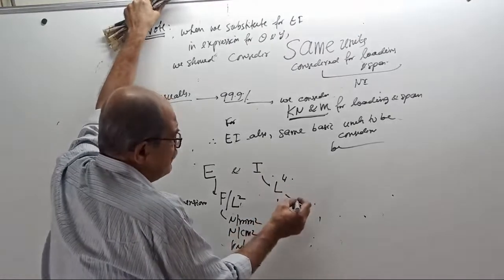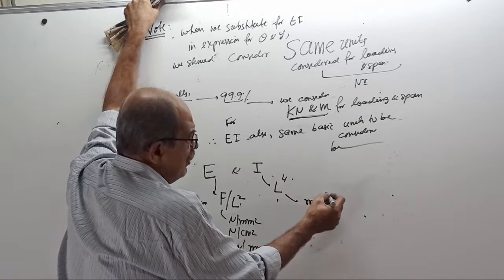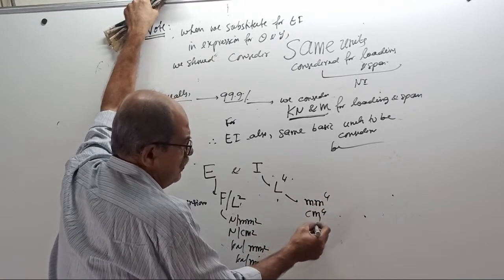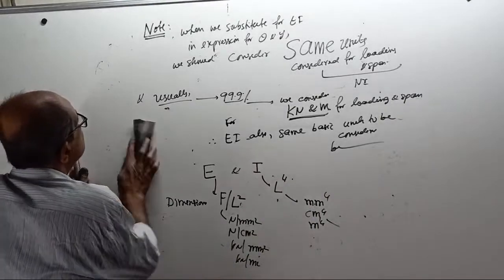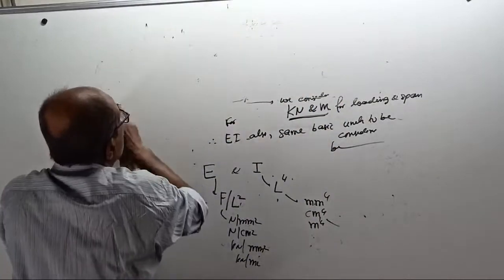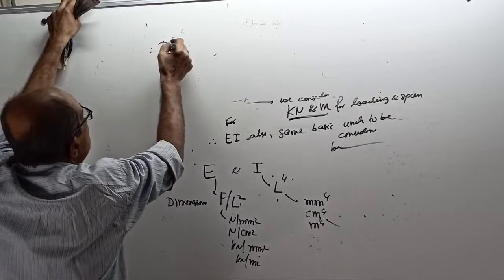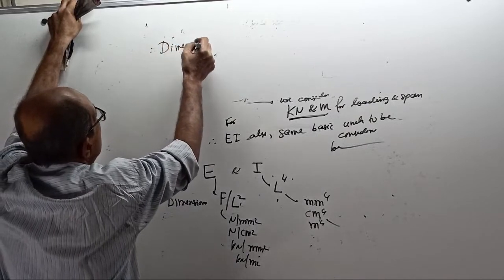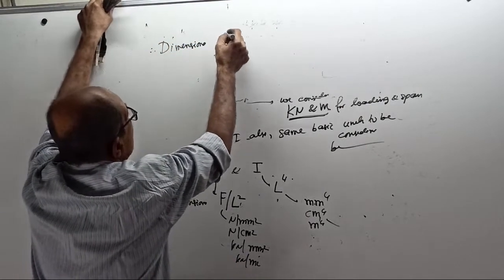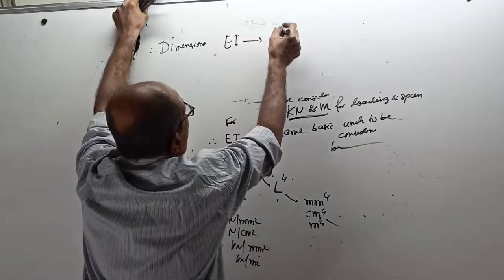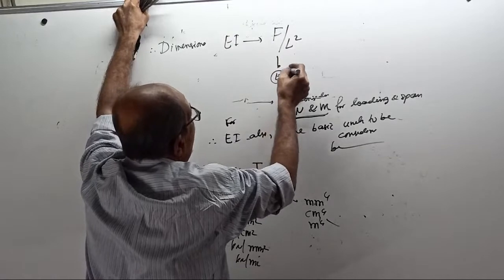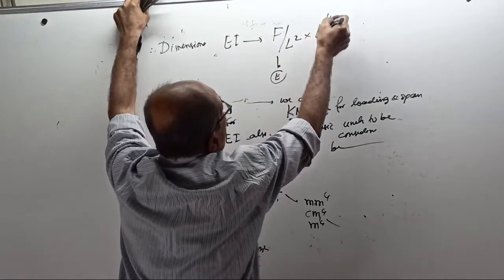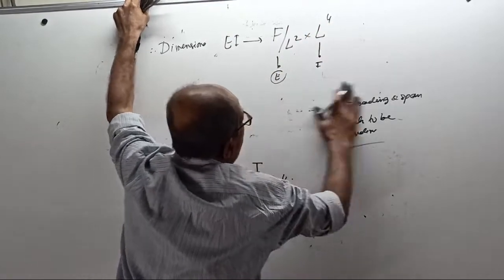I, linear power 4, like millimeter power 4, centimeter power 4, meter power 4, etc. Therefore, dimensionally, your EI will be force per distance square, that is your E, and linear power 4, that is your I.